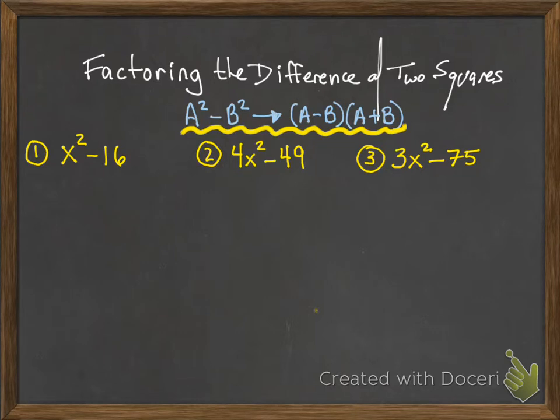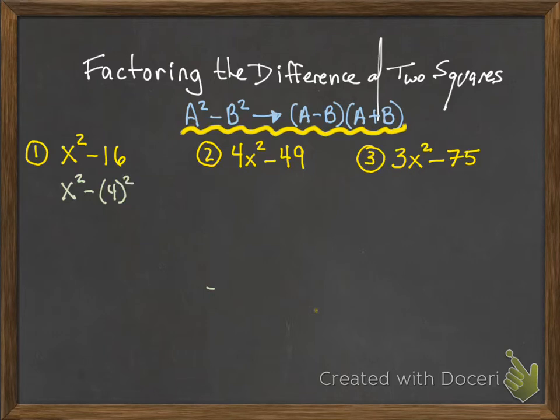So, the first thing we do is recognize that we have a difference of two squares, like in example number 1. It's a difference of two squares because we have x squared, and then we can write 16 as 4 squared.